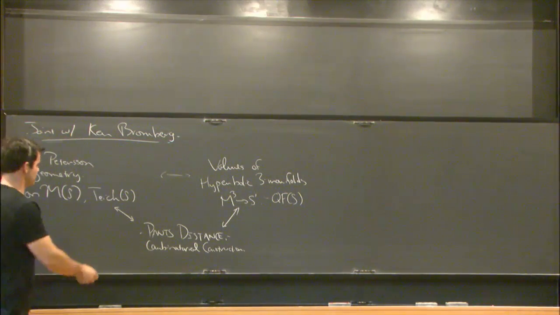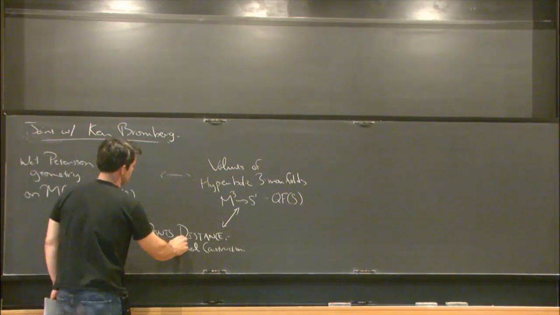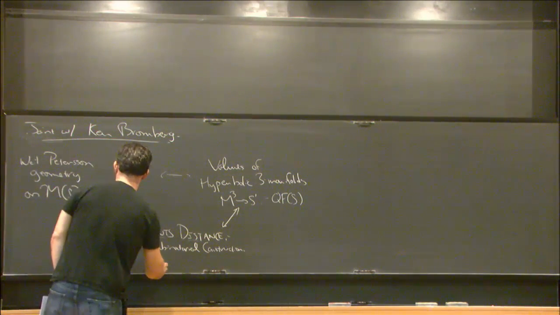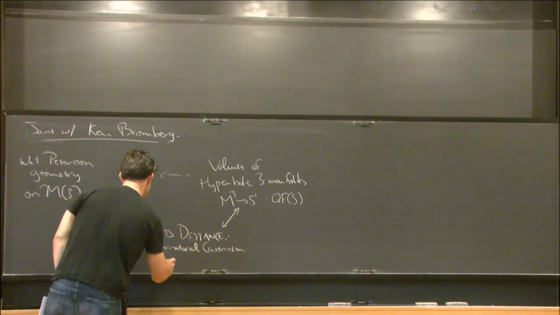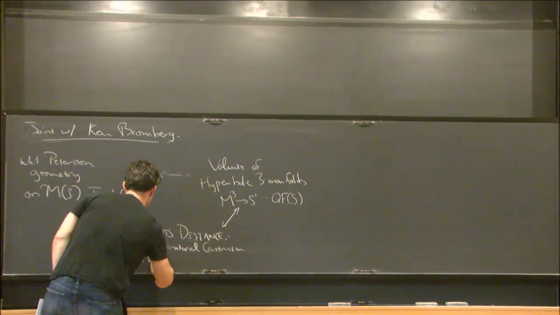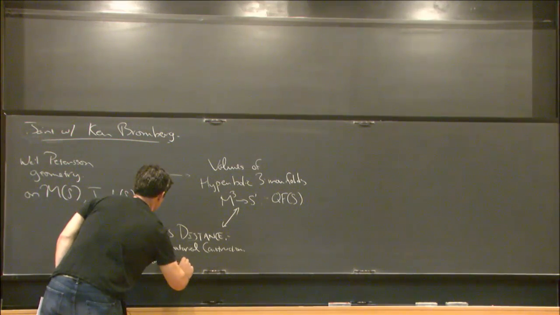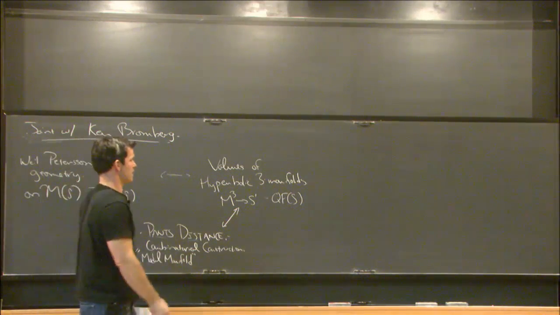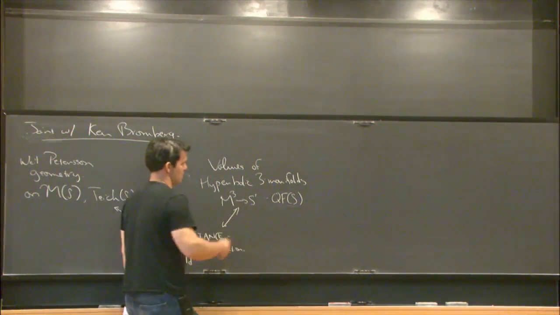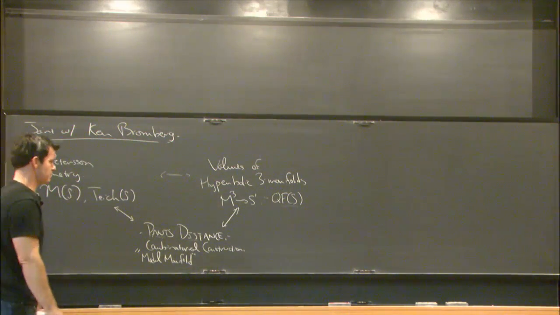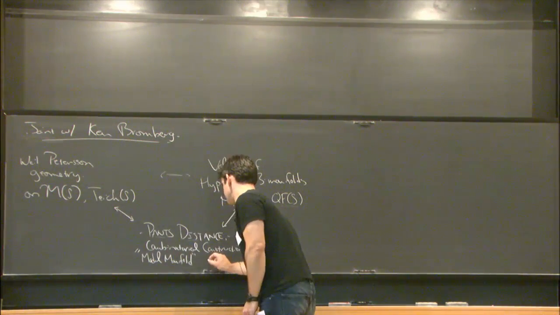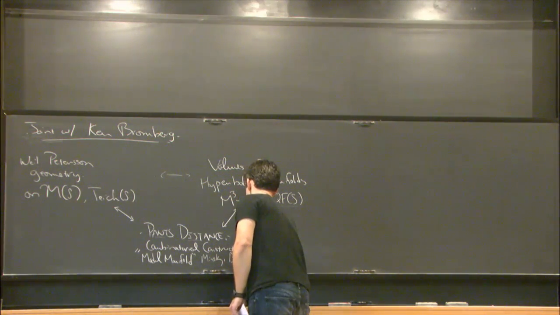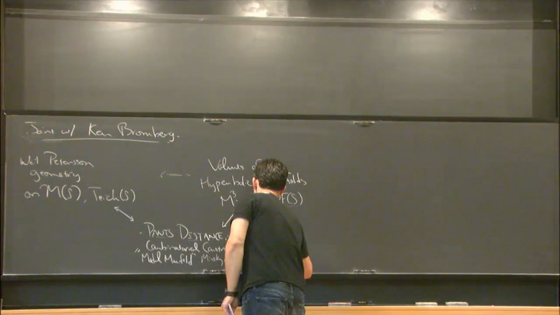And I should say that though on the level of volume, one only needs this level of understanding of these combinatorics, this was the key to understanding in general the model manifold, a bi-Lipschitz model for elements in the space of quasi-Fuchsian hyperbolic three manifolds, in work of Minsky and our joint work with Canary and Minsky.